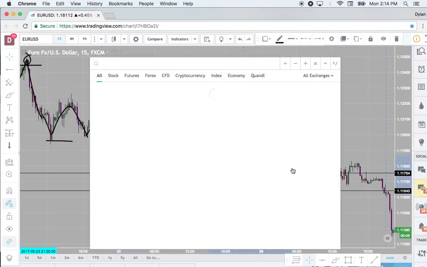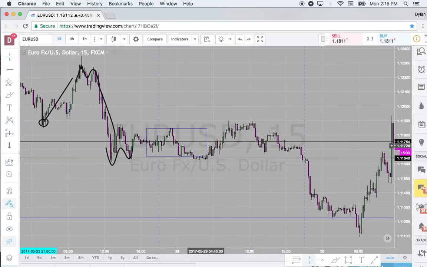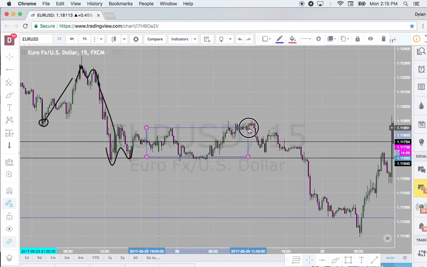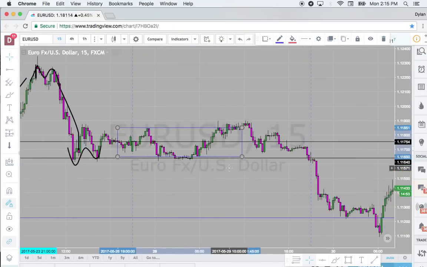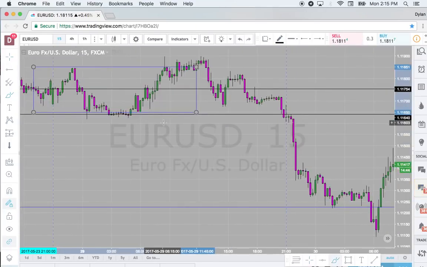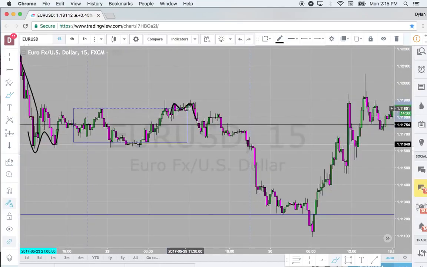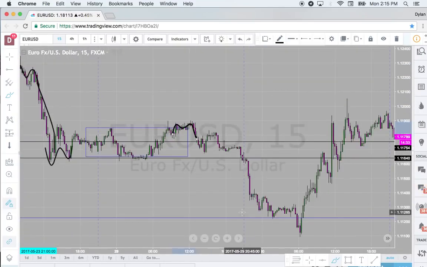Alright, so hopefully you guys are taking notes on this, learning as much as you can. Now here, this wasn't such a volatile movement, but nonetheless it was that M formation at the high of the day, and then came off and dropped.